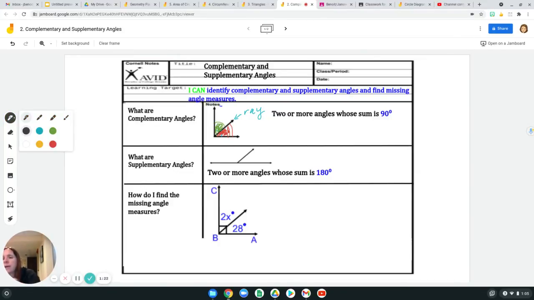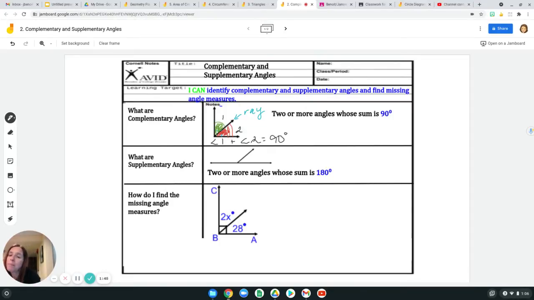So we have two angles, 1 and 2, whose sum, when we add them together, is 90 degrees, because we knew from the beginning that that was a 90-degree angle. So angle 1 plus angle 2 is 90 degrees, okay?